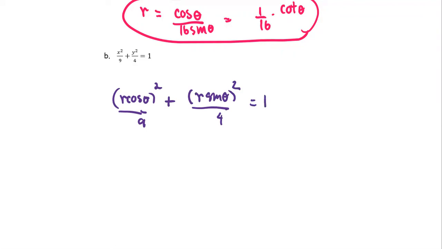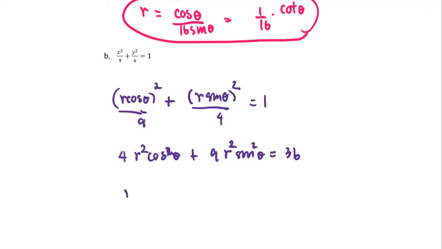And then simplify by multiplying by the denominators to clear them. So multiply both sides by 36 to get 4 times r squared cosine squared theta plus 9 times r squared sine squared theta equals 36.